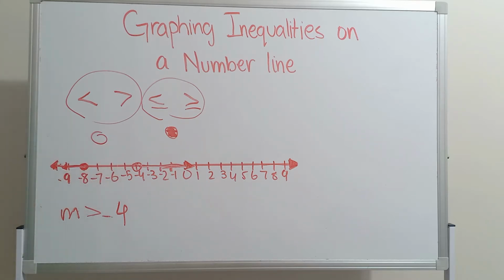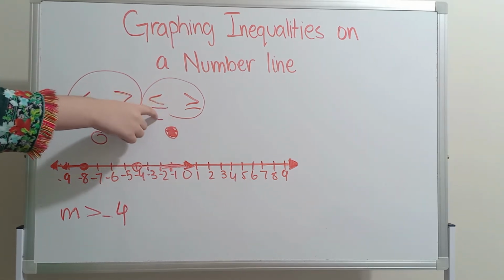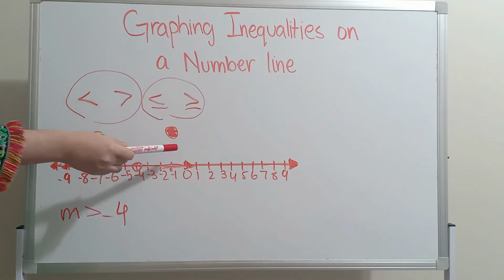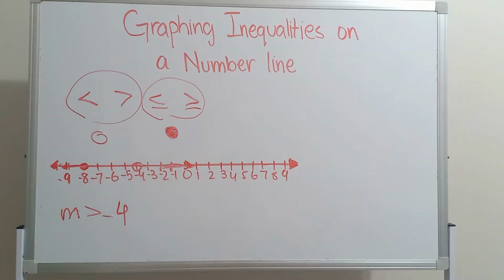So these are some things that we need to keep in mind: for the signs less than or greater than, we're supposed to put an open circle, and for less than or greater than with the line under it, meaning less than or equal to, or greater than or equal to, we will put a colored circle. We have to also be mindful of the direction that we are going.